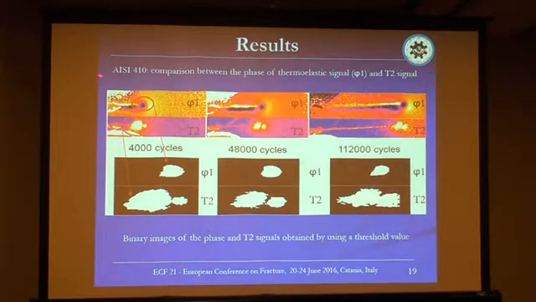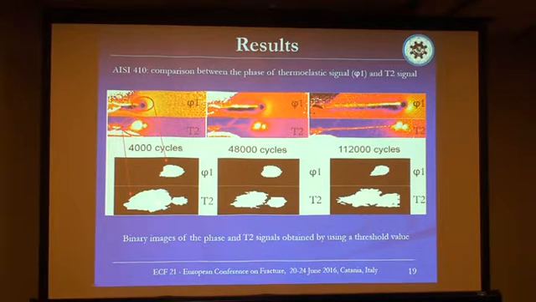In this image, it's possible to see the comparison between the phase signal Phi1, related to the frequency of the loading machine, and the two signals of the second component of the Fourier series.